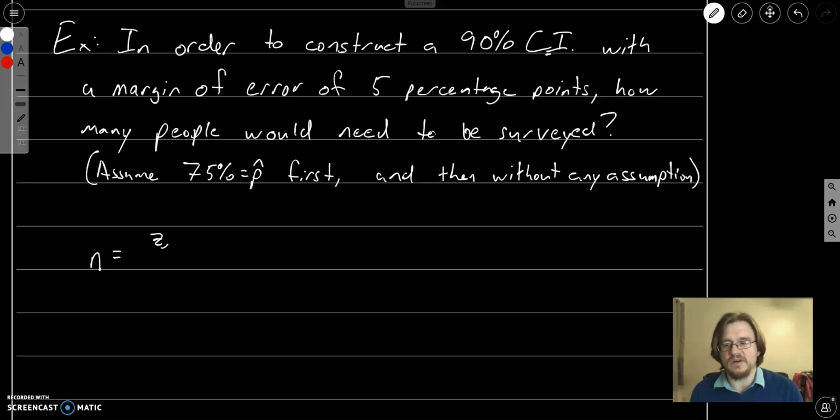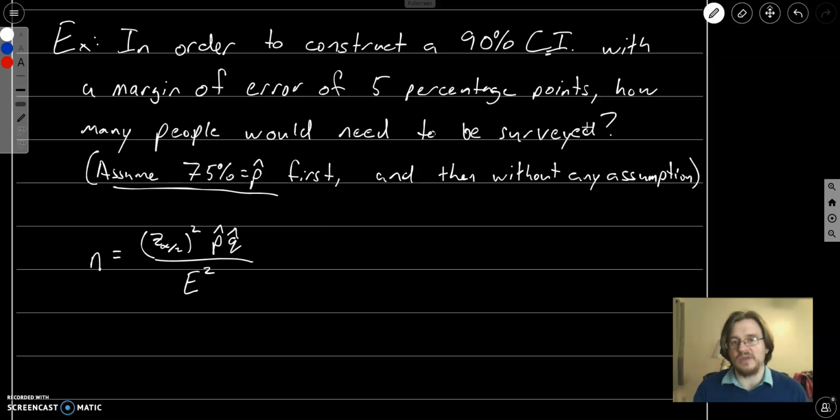We will need our critical value, our p hat and q hat if we can assume what they are, and the margin of error. So we'll assume that p hat will be 75% first. So we'll assume that 75% of people will agree with the question on the survey.